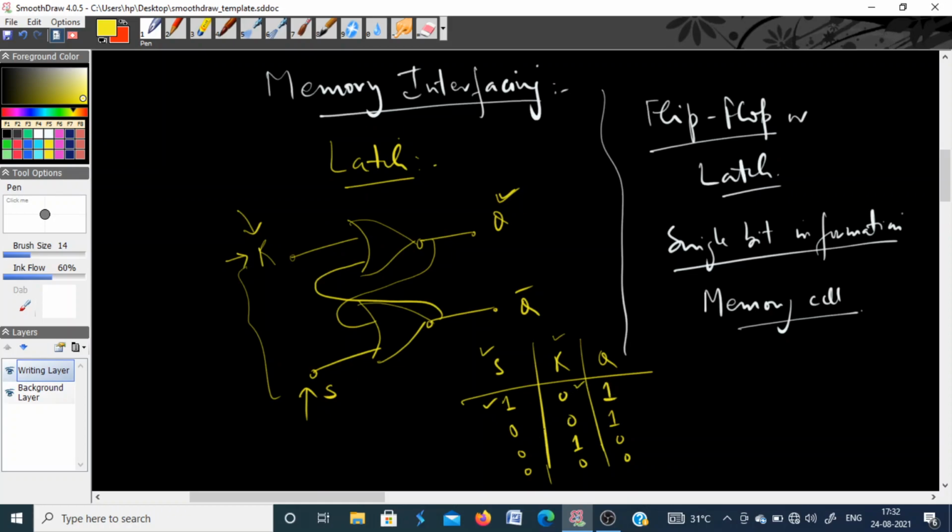Before you apply 1 to R, S should have gone to 0. Otherwise it can be an intermediate state, since it is already at 1.